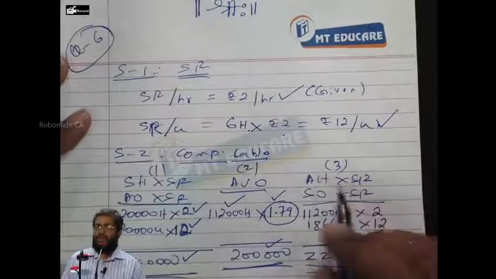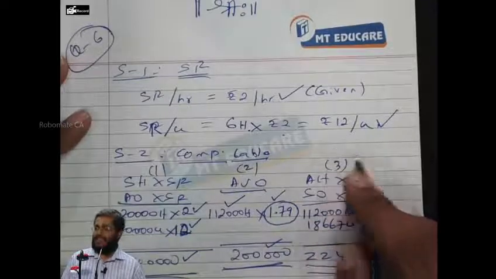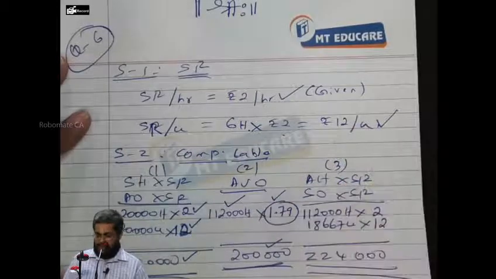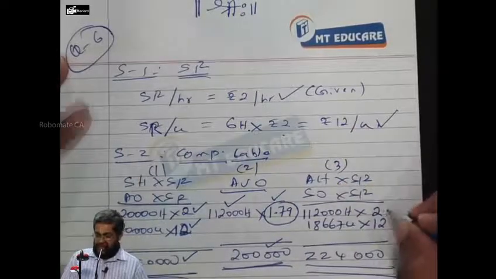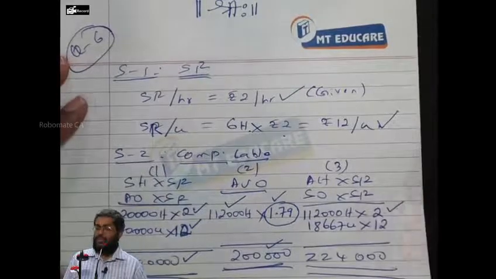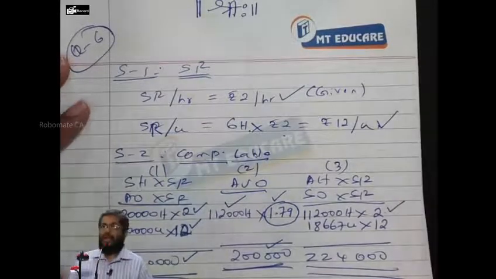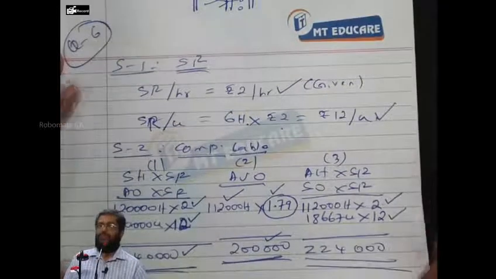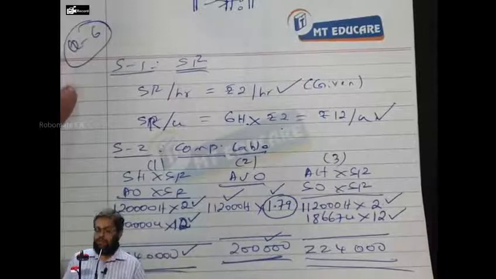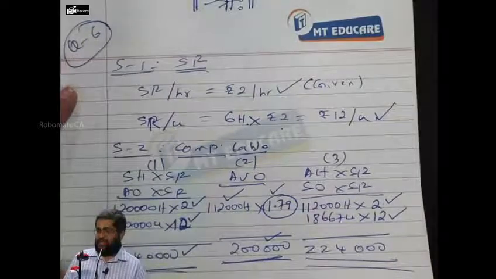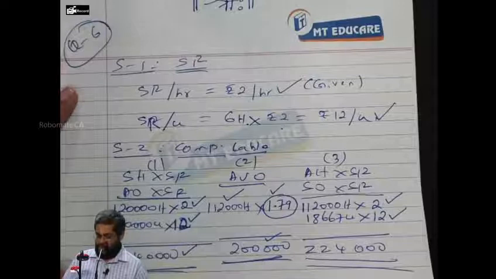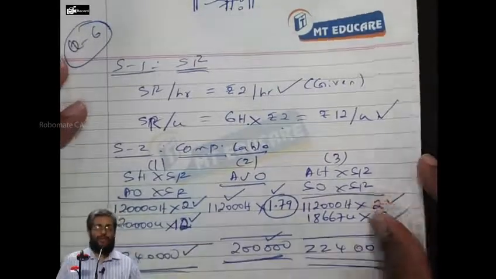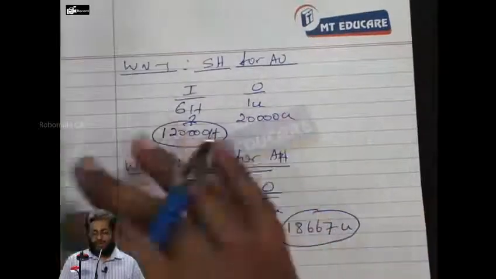You get 1.78 something and round off for convenience. Third column, AH into SR: 1,12,000 hours into 2, or 18,667 units into 12. The total is 2,24,000.